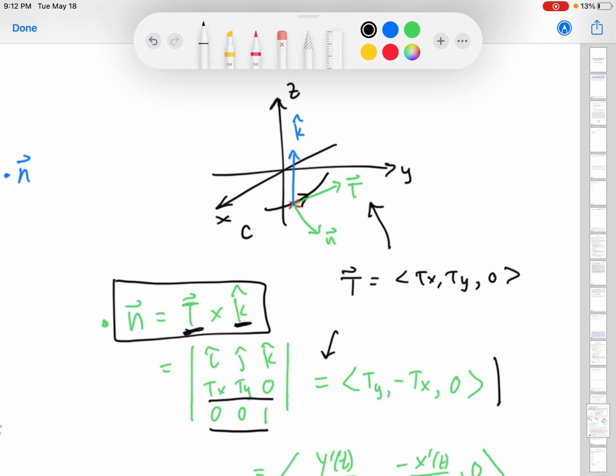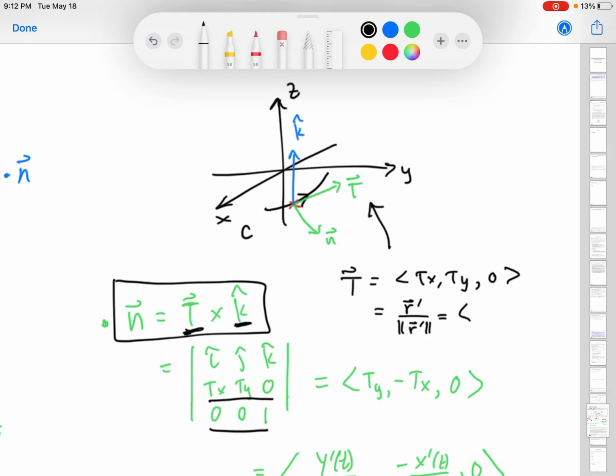Now we have to remember that the tangent vector is a unit vector, and remember its definition is the derivative of r divided by its norm.